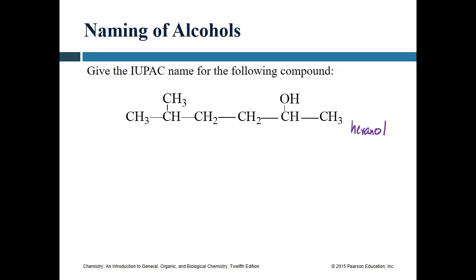Now, I can't just say hexanol because that OH group could go on any of those 6 carbons. I've got to specify where. And so I've got to do numbering, again, based upon position. I can either go left to right or right to left.